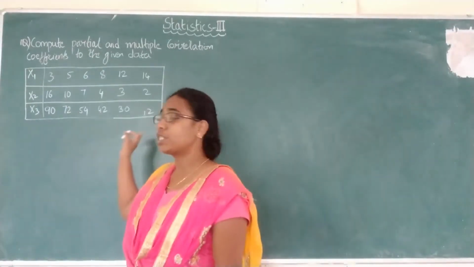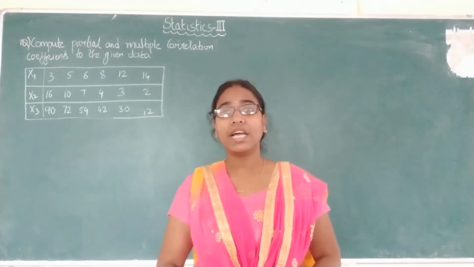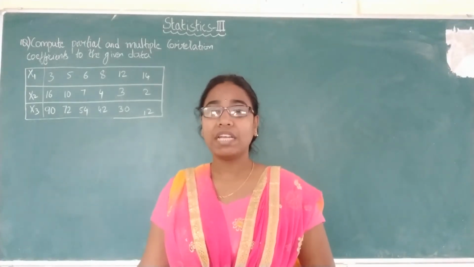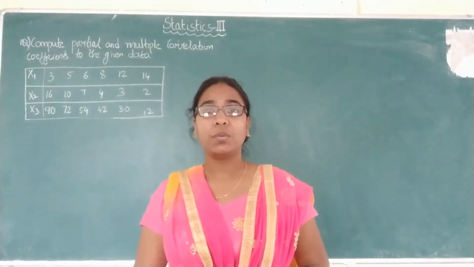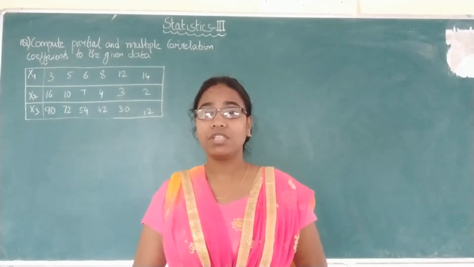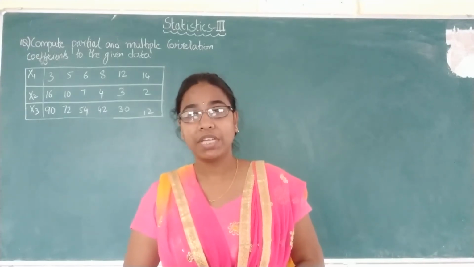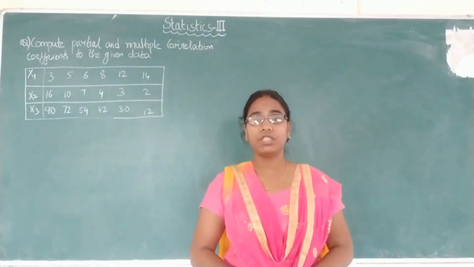Coming to today's problem, a trivariate data will be given, that is, only the x1, x2 and x3 values. From that given data, first we will calculate R12, R13 and R23, the correlation coefficients. Then after finding those values, we will substitute them in the required partial and multiple correlation formulas.